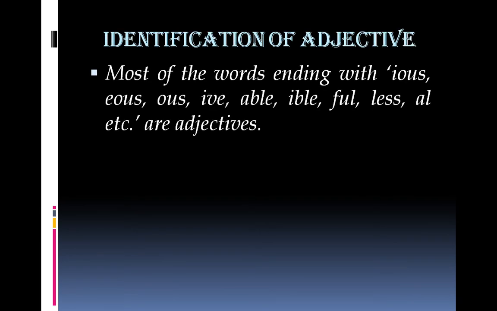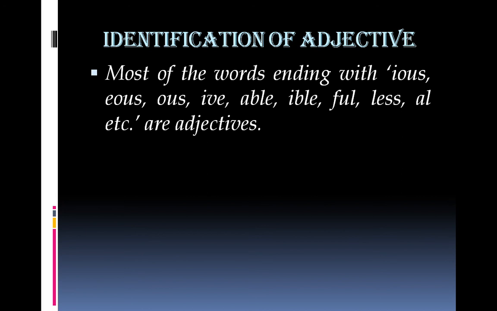And now I'm going to share a tip with you that will help you a lot in identification of adjectives. Most of the words ending with ious, eous, ous, ive, able, ible, ful, less, al, etc. are adjectives. Remember that these are just broad patterns.